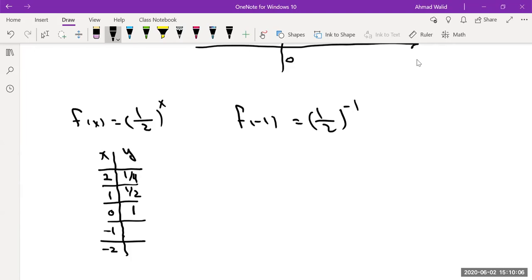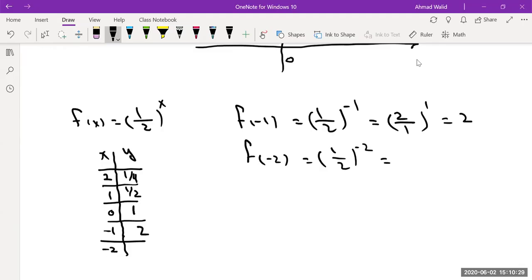And you learned in algebra, when your exponent is negative outside, you can flip the inside and change this exponent to positive, which gives you 2/1 to the power of 1, which means 2. Same way, f of -2 equals 1/2 to the power of -2, which you can flip the inside, 2/1 to the power of +2, which gives you 4.